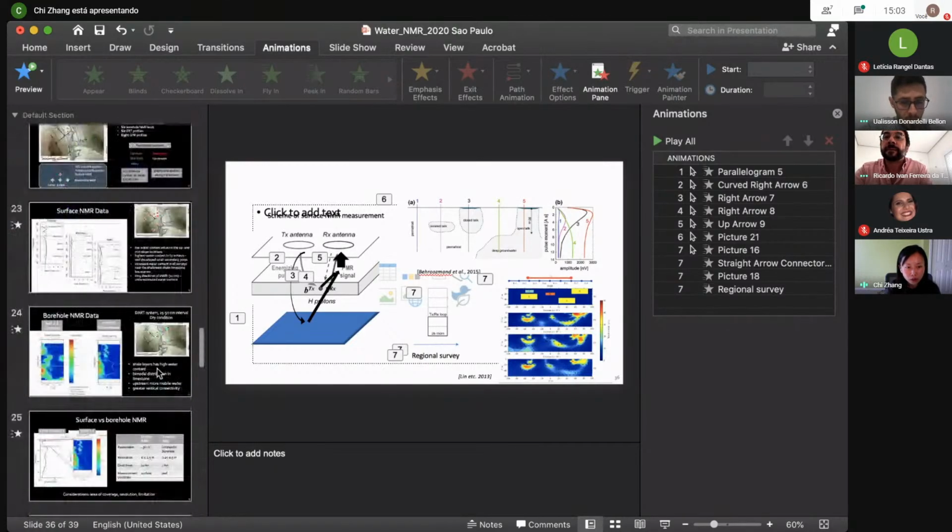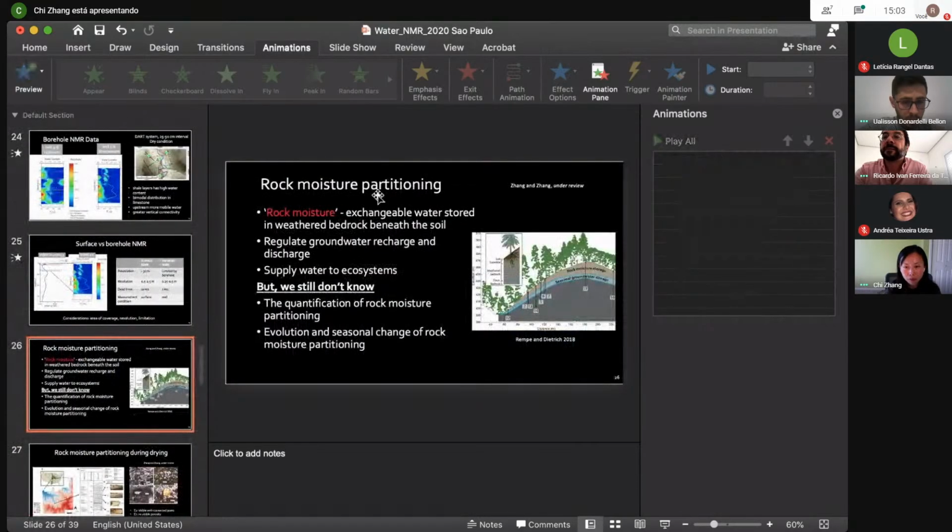So actually, in order to answer that question, if you see this one here, we're talking about this rock moisture, with the idea of how much water is actually available in this unsaturated weathered rock for the vegetation to take. So this is a huge question mark about the ecological control.